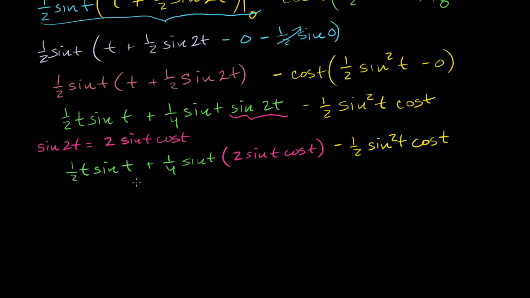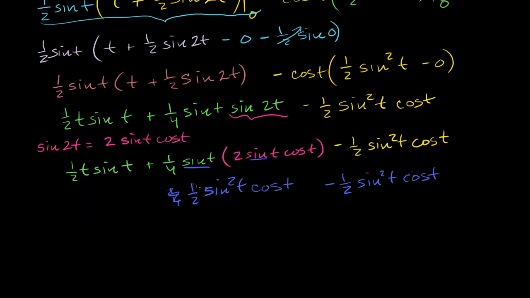So what is this simplest? Let me just rewrite this part. So this is equal to 1/4, now I have 1/4 times 2, so it's really 1/2 sine squared of t, right? This sine times this sine, sine squared of t, cosine of t. And then this one over here is minus 1/2 sine squared of t cosine of t.